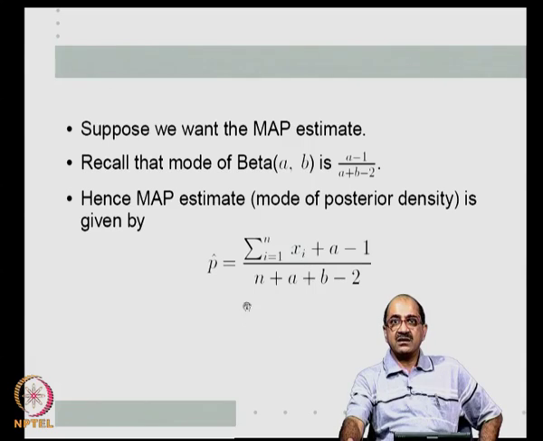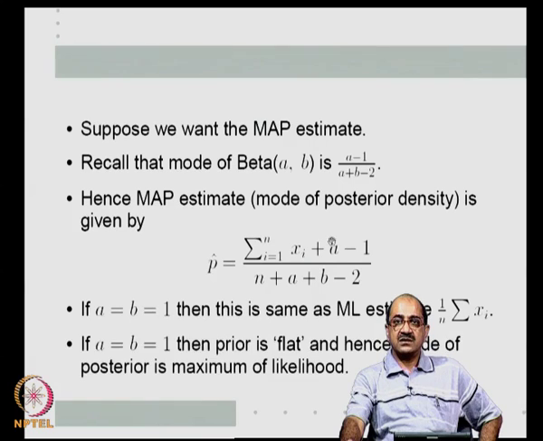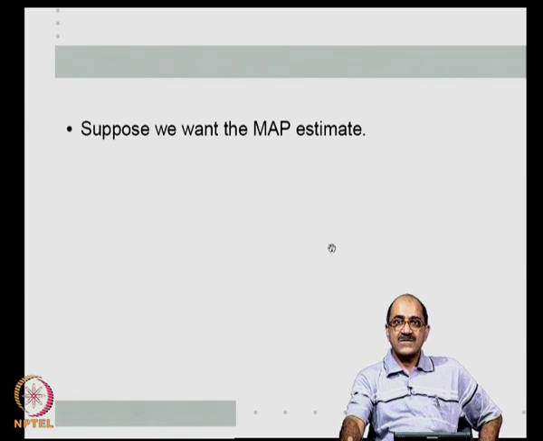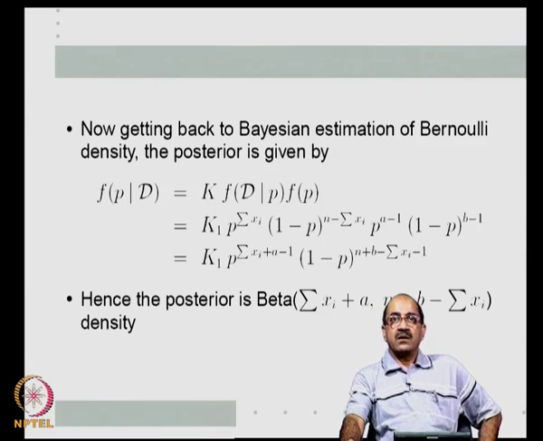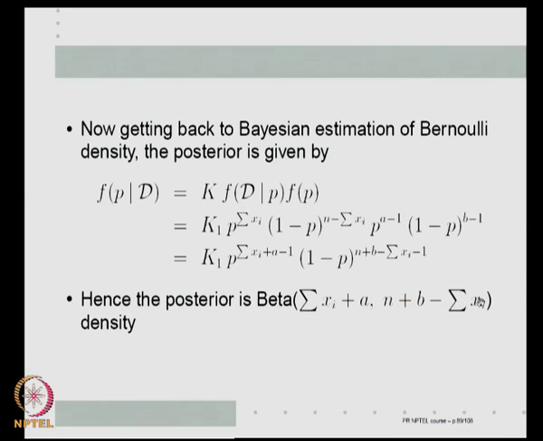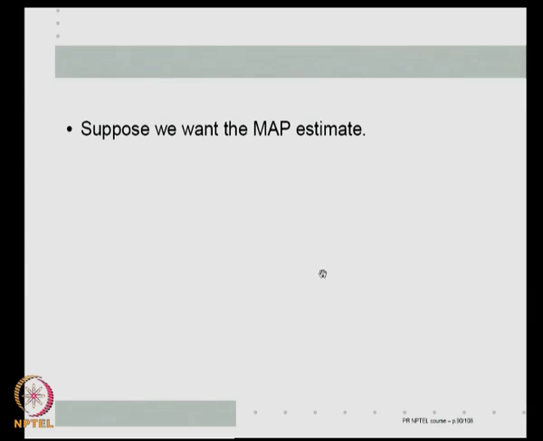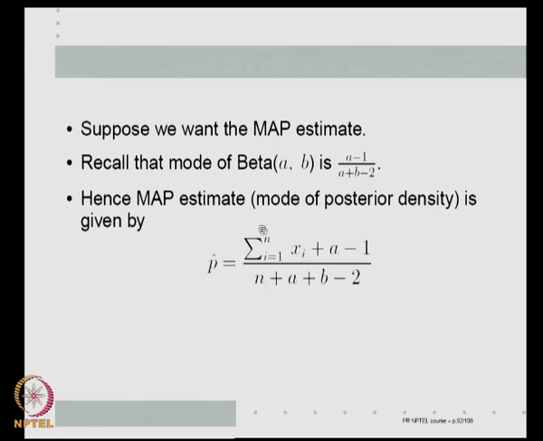My a is summation x_i plus a, my b parameter is n plus b minus summation x_i. So, in a plus b, the summation x_i will cancel. So, my MAP estimate will be the summation for i equal to 1 to n of x_i plus a minus 1, by n plus a plus b minus 2.